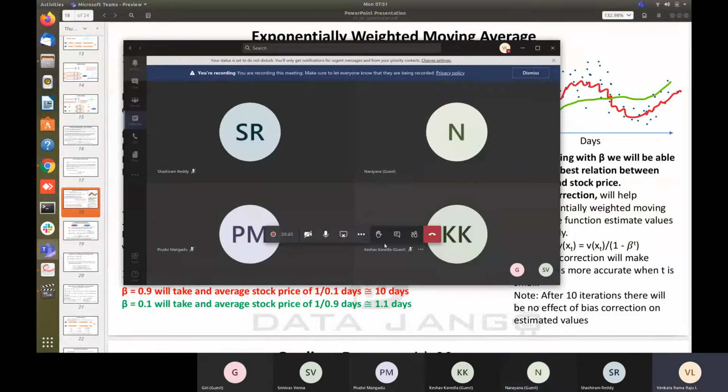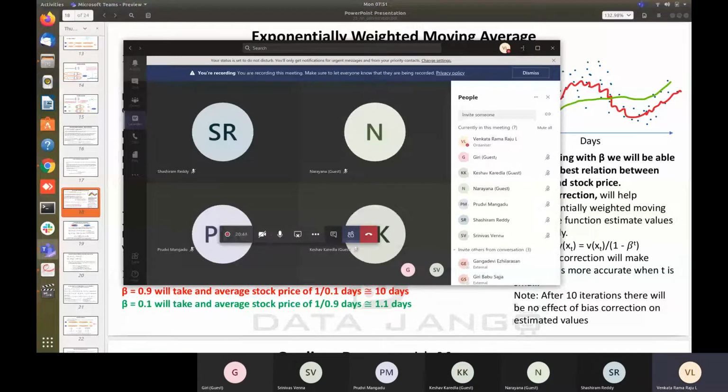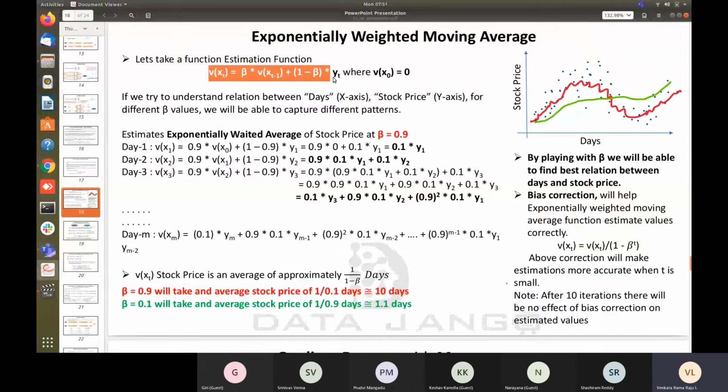Okay. So, that's the use. And this is actually a time series formula. The exponentially weighted moving average is a time series formula. Time series means the value at time step t can be predicted using all previous steps. Maybe they are 10, maybe 5, maybe 20.